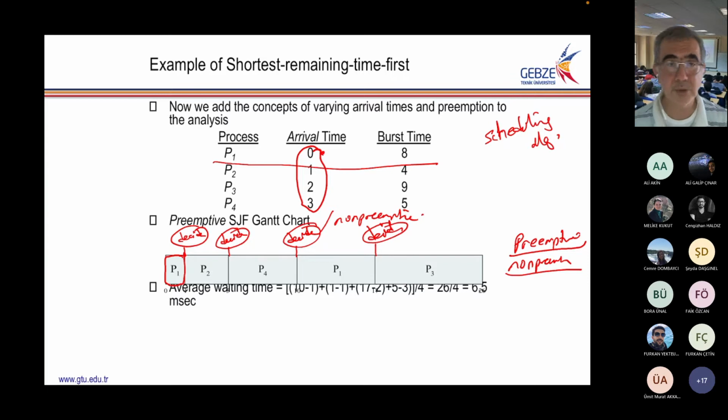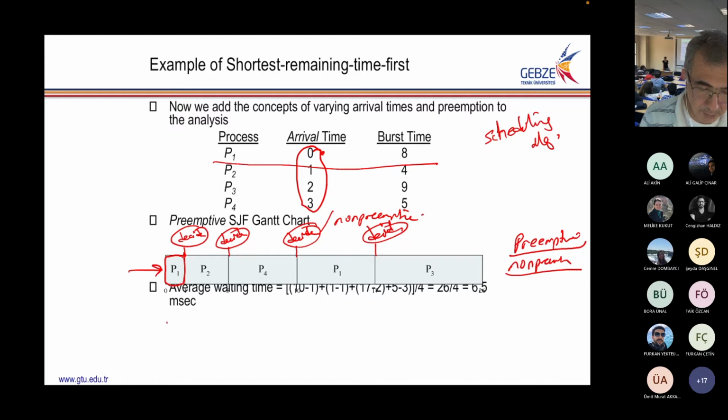Preemptive means you can leave a task and start a newcomer task and go back to the previous task later. So it is kind of starting task switching. So this is preemptive. The example drawing is preemptive. I am drawing the non-preemptive one first.